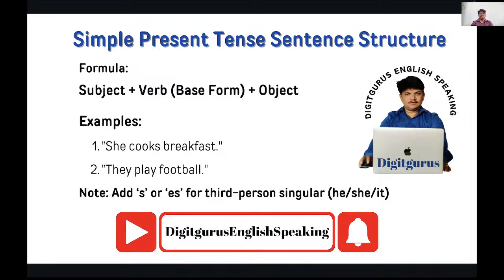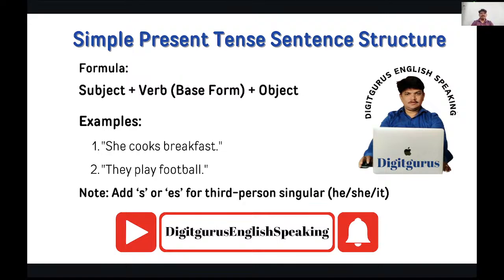They play football. They is the subject, play is the base form of the verb, and football is the object. Now in the same way you can form sentences and type in the chat box.